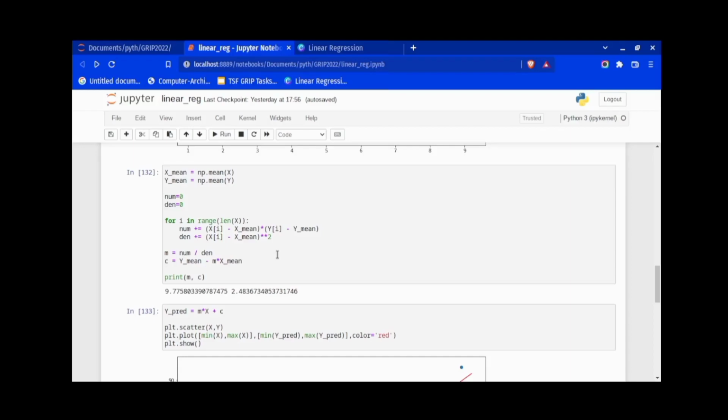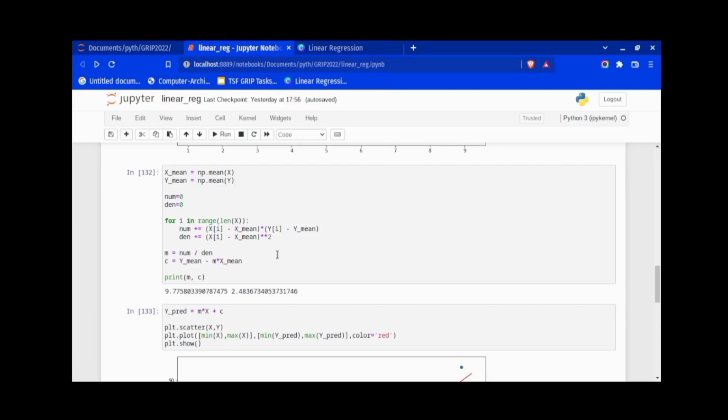Then we find the x and y mean values using NumPy, and store the numerator and denominator as 0. Then we iterate using a for loop, and apply the value of m using the numerator and denominator, where the numerator is xi minus x mean, which is x bar, times yi minus y mean, which is y bar, and the denominator is xi minus x mean, which is x bar, the whole square.